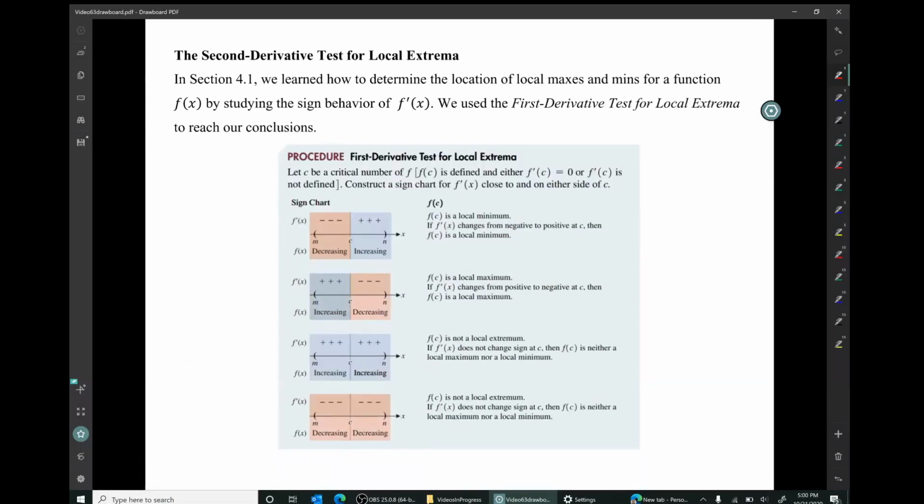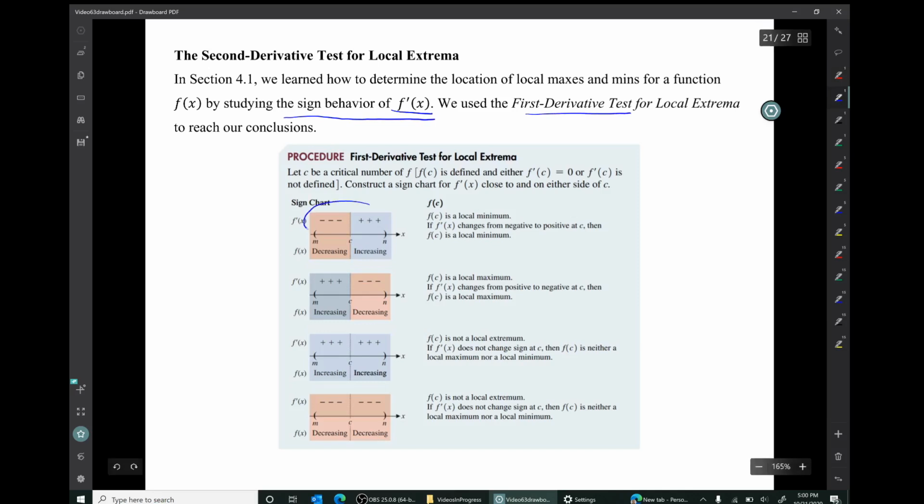Now I want to talk about what's called the second derivative test for local extrema. In section 4.1, we learned how to determine the location of local maxes and mins by studying the sign behavior of f prime. We used the first derivative test for local extrema.